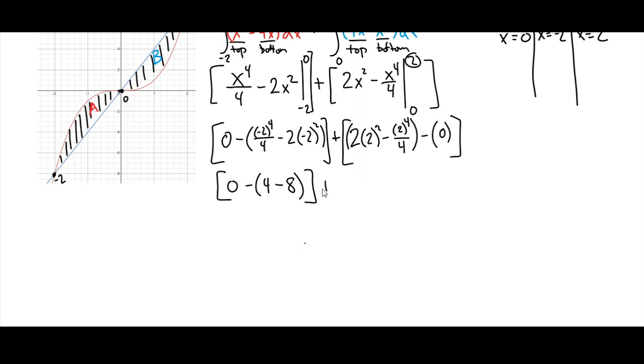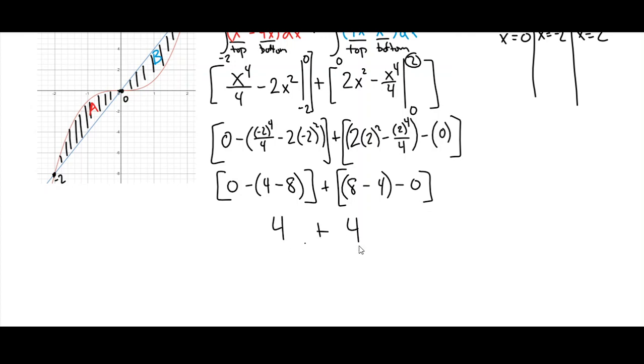That's that part right there. We're going to keep going over here. Same calculation, just different signs. 2 times 2 squared gives me 8 minus 2 to the 4th over 4. That's still going to be a 4. And of course, this is also subtracted by 0. On the left-hand side over here, I have a -4, which comes out to be a +4, plus 4.